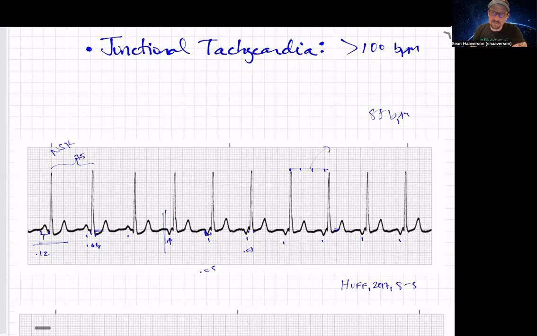It's faster than 40 to 60 beats per minute, so it's not going to be a junctional escape beat. Instead, it looks like we have normal sinus rhythm that turns into an accelerated junctional beat. Great. All right, so normal sinus rhythm looks like it's turning into an accelerated junctional beat.